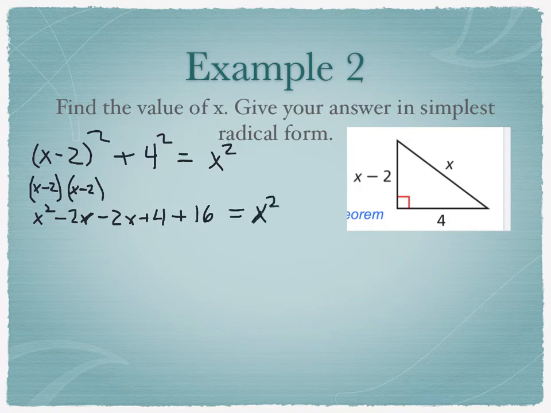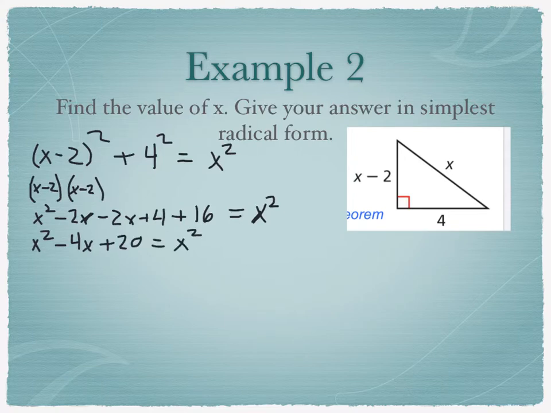So now we need to solve for x. So what can we do first to solve for x? Add the common terms. So what can we add together first? 2x and 2x. So that'll give us x squared minus, what's negative 2x minus 2x? Negative 4x. Can we add the 4 and 16? So plus 20 is equal to x squared.